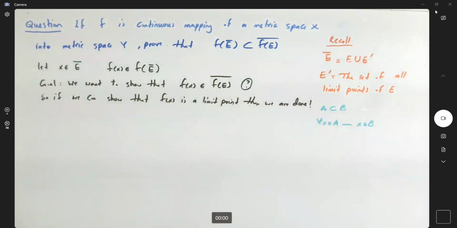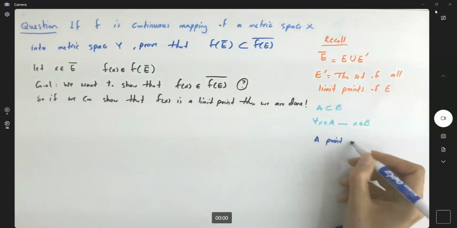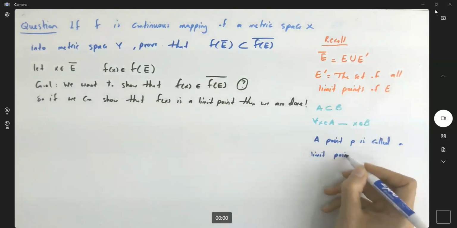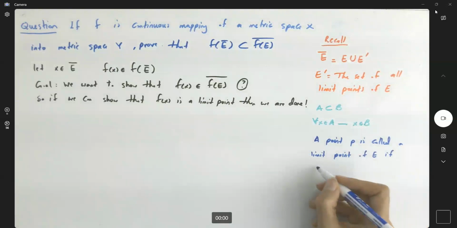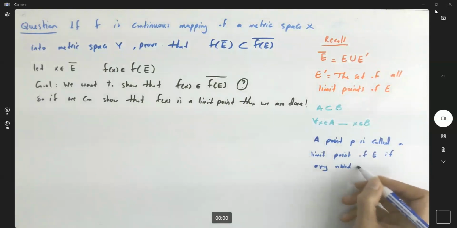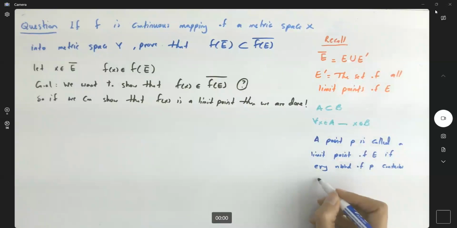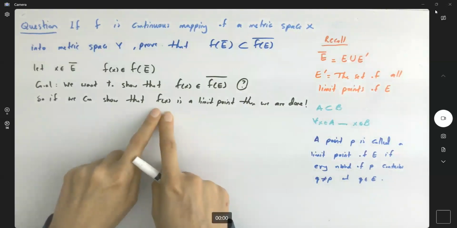So remember the definition of the limit point. A point like p is called a limit point of set E if every neighborhood of p contains some other point like q, which is not the same as p, and this q belongs to set E. So let us take a neighborhood of f of x.